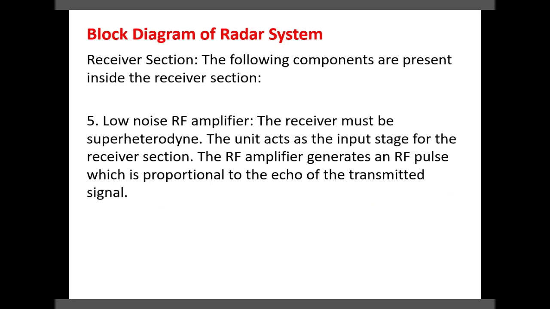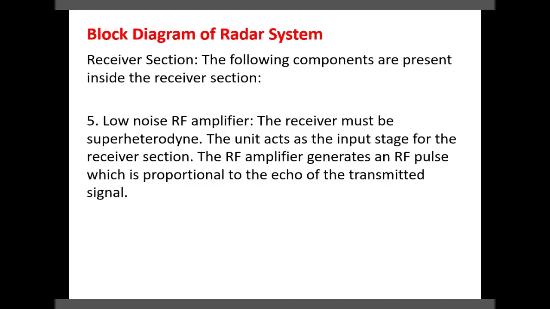When the signal is re-radiated from the target, it has to travel in free space, so a large amount of noise is already there in the received signal. Again, that signal amplitude is very small, so we have to enhance the amplitude of this signal. Here we have to use an amplifier. But when we are amplifying the signal many times, we have to control the noise of the device. So the first section used is a low noise RF amplifier.